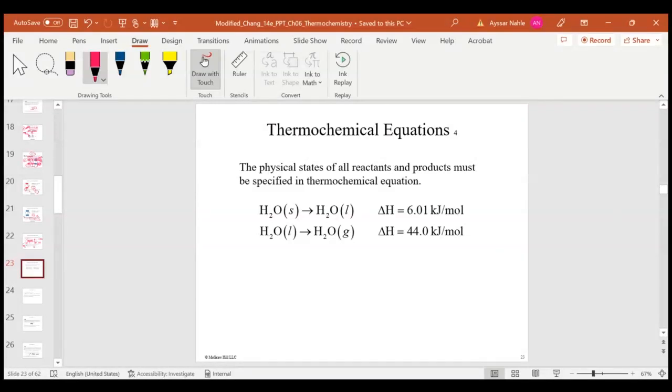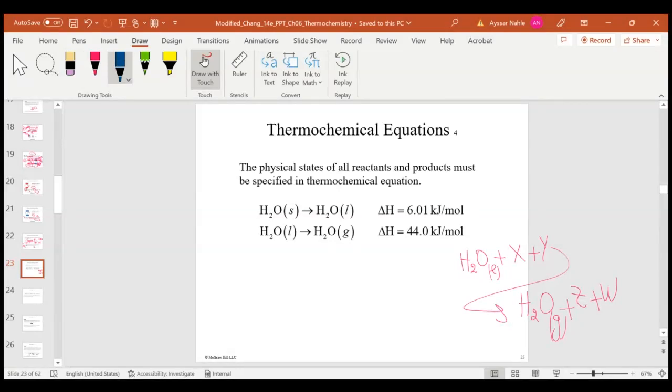Rule number 3, which they didn't say in here. If I have, for example, H2O solid or liquid, plus X, plus Y, and this gives me H2O gas, plus Z, plus W, I added two equations together.